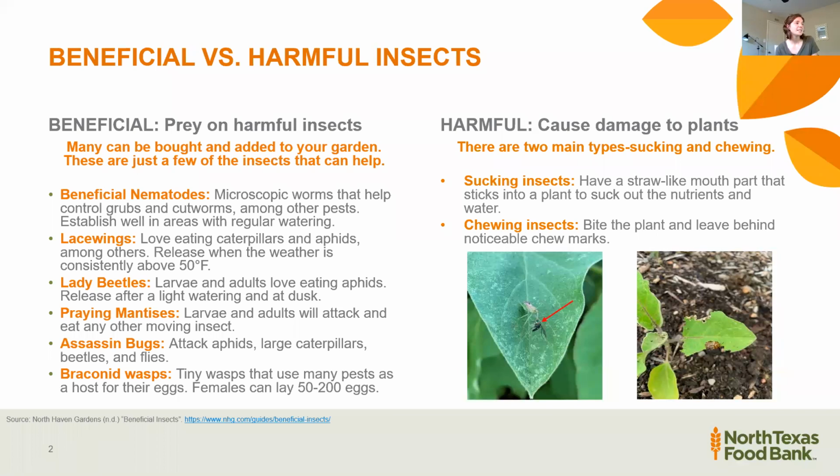But I hope this at least gives you a foundation and some background information and basics on what to look for and how to identify things, especially with the insects. Is it chewing? Is it a sucking insect? Plant diseases can get really tricky, but you minimize the chance of plant damage and plant diseases if you fertilize correctly, water correctly, and space your plants out correctly.